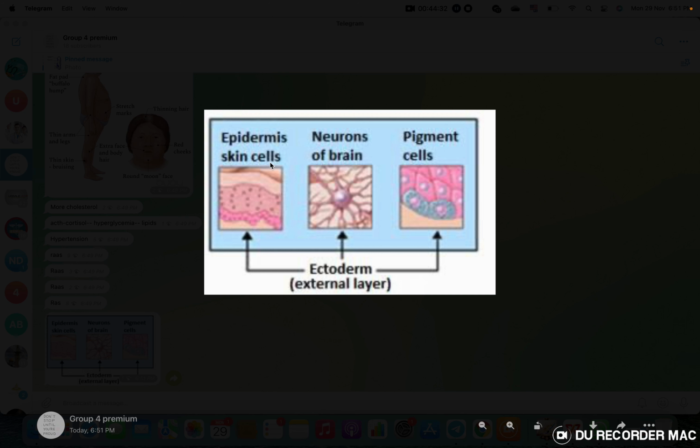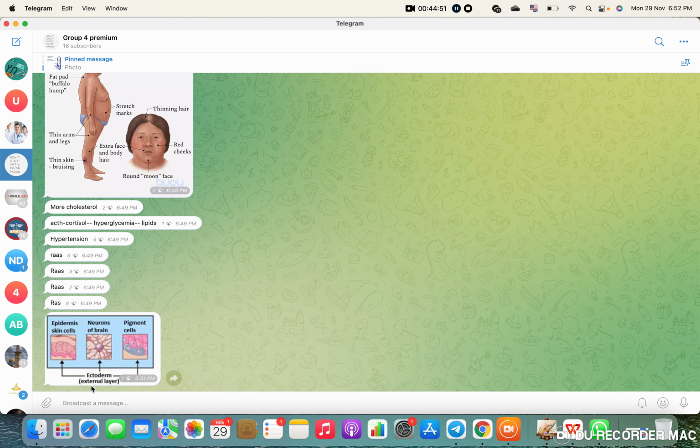So in neurocutaneous diseases like neurofibromatosis or von Hippel-Lindau, the patient will have neurological problems, like neurological tumors. Also, he will have some pigmentation of his skin, like café au lait spots, and also epidermal lesions, because all of these come from the same ectoderm.